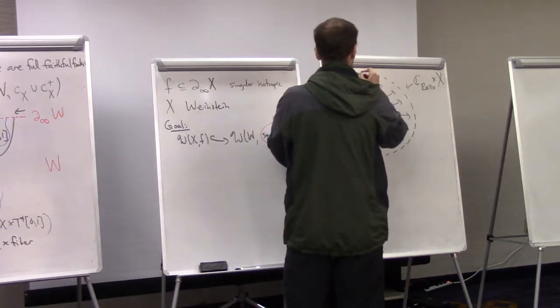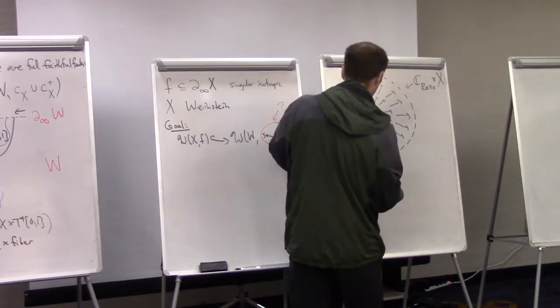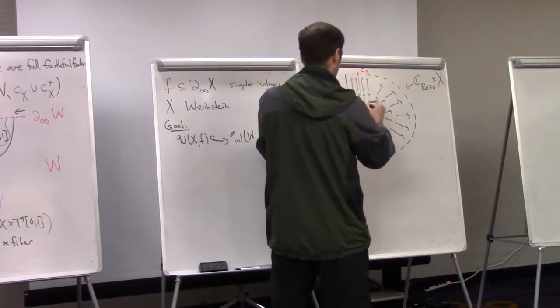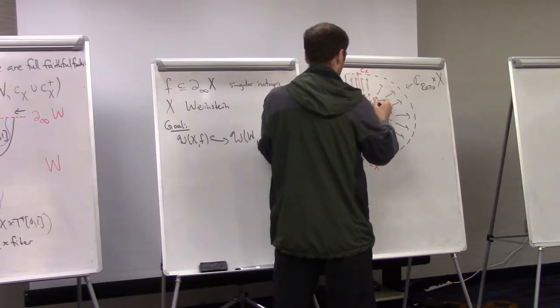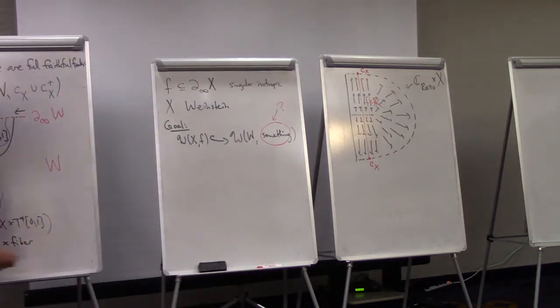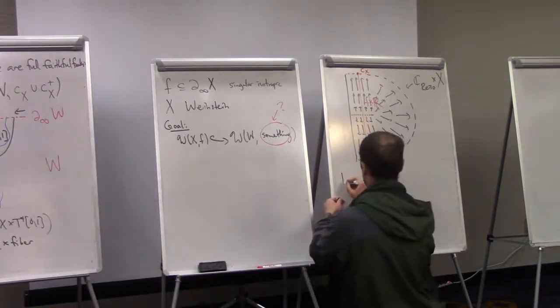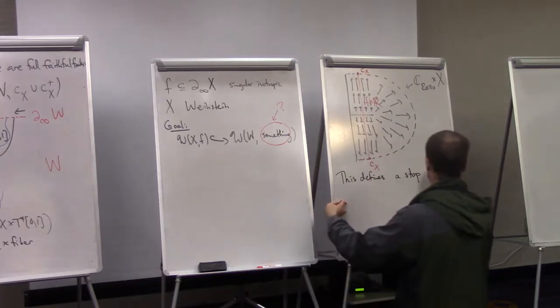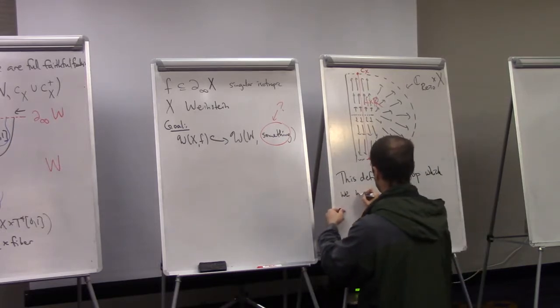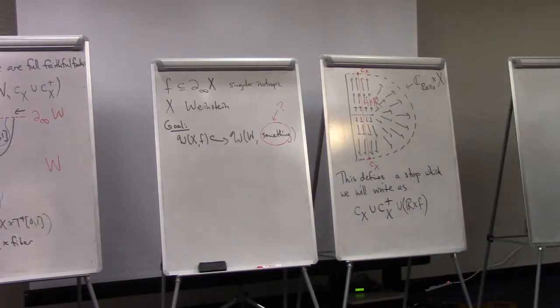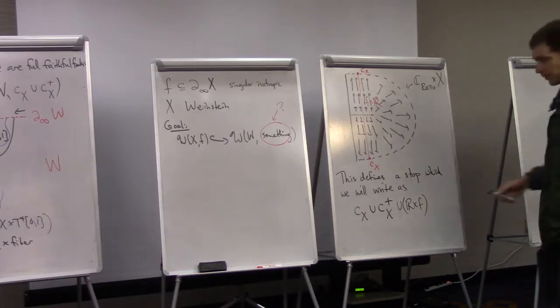We put the core of X here, and over the segment, we put F cross R. So this defines a stop, which we will write as core of X union positive push off union R cross F. Probably one should eventually figure out a better notation for this, but I'll just write it like this for now.